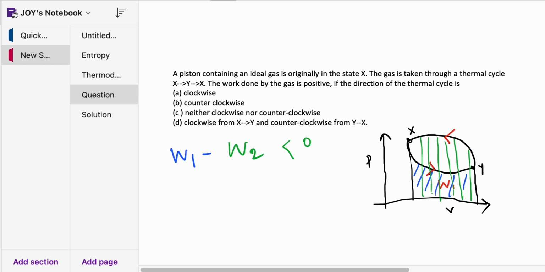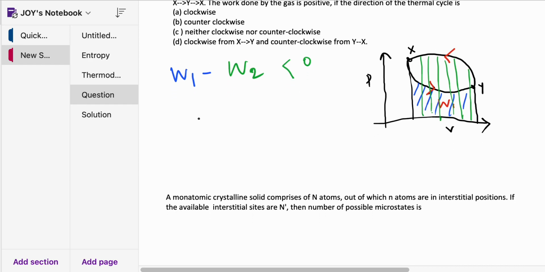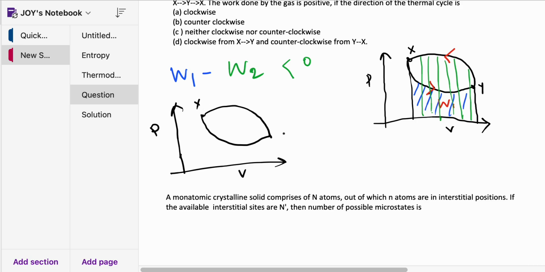Now if we go clockwise, let me draw it again. This is P, this is V, this is X, this is Y. Now if we come clockwise, this means if we reduce the volume in this path, how much work do we have to do?